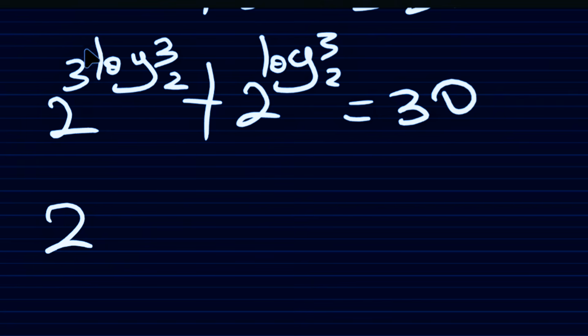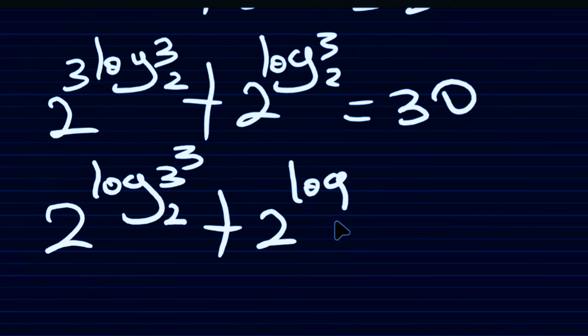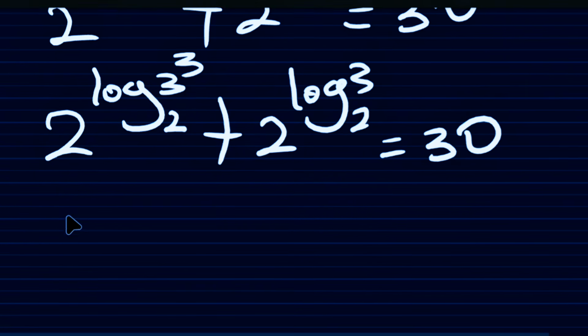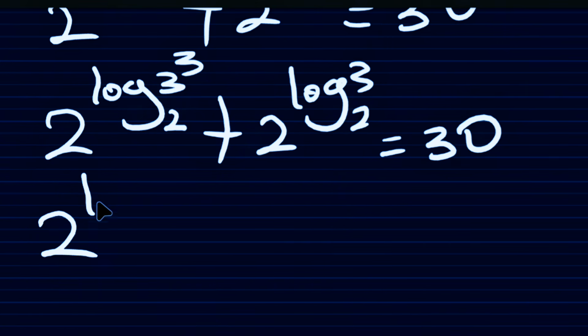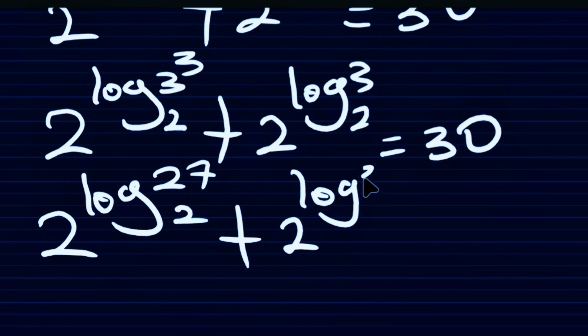We can take this 3 to be an exponent of the 3 here, so it's going to be 2^(log 3³ base 2) + 2^(log 3 base 2) = 30. So from here, 3³ equals 27. So we have 2^(log 27 base 2) + 2^(log 3 base 2) = 30.